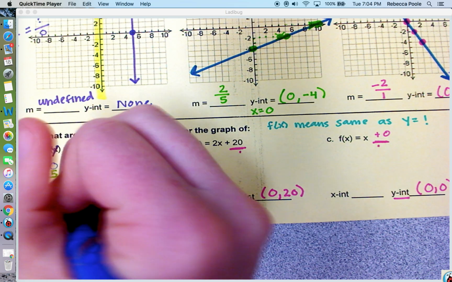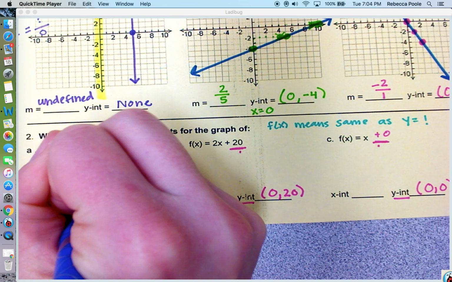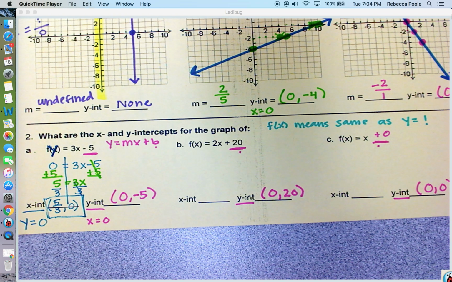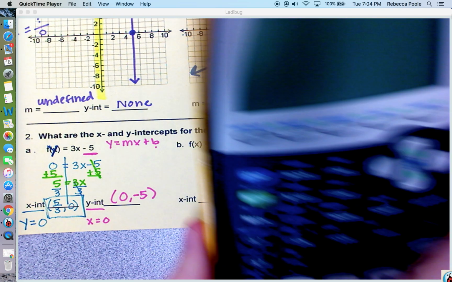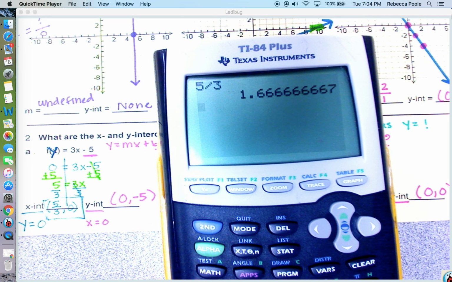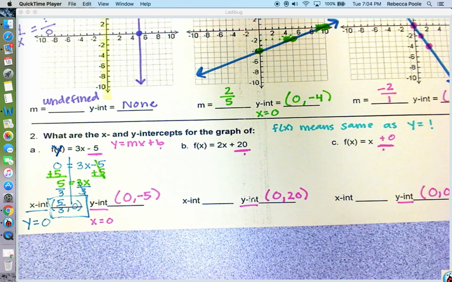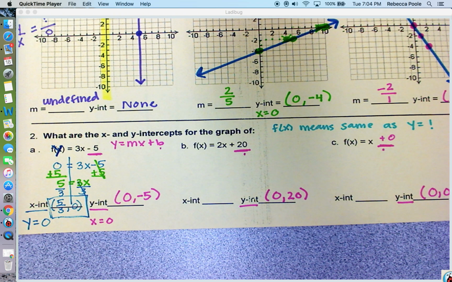So this is going to be 5/3, comma 0. It is okay to leave it as 5/3. You can't do 5 divided by 3, so you can just leave it. Now, you could also type it in your calculator and get the decimal form of it. But do you see how we'll have to round this? So it'll probably be best just to write 5/3. Okay?